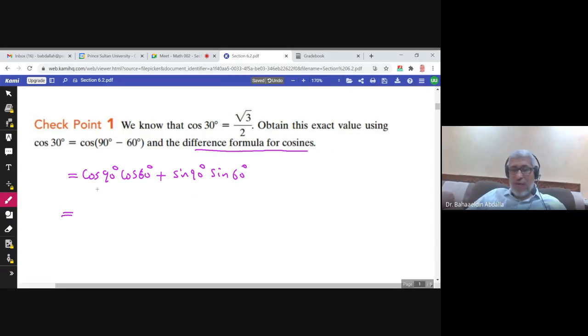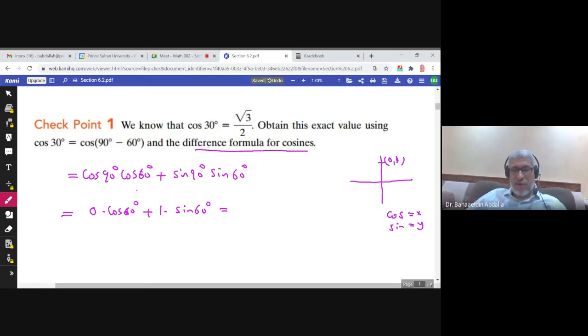Okay, how to obtain cosine 90? If you remember the quadrantal angles, we obtain them from this circle, these 4 points, 0, 1, 1, 0. So 90, pi over 2 here, cosine 90 is 0, because here cosine is x, sine is y, because r is always 1. So cosine 90 is just 0. So cosine 90 is 0 times cosine 60, whatever the value is would be 0, plus sine 90 is 1 times sine 60.